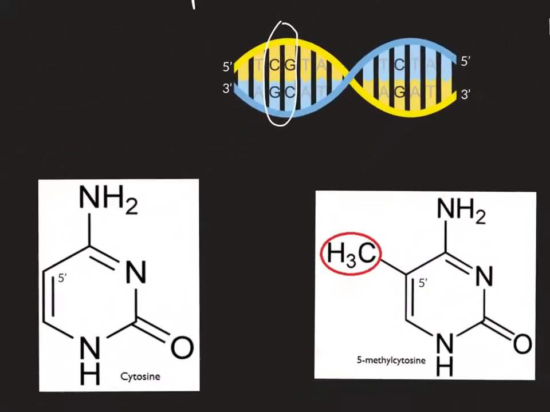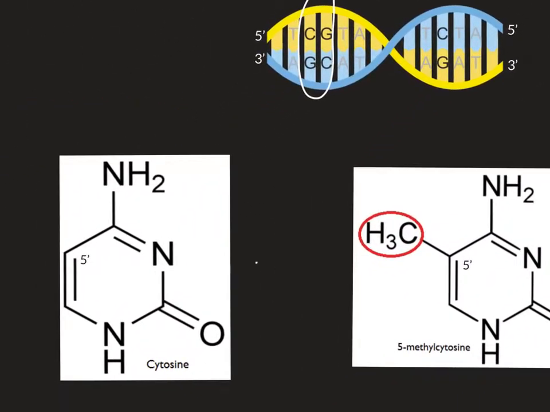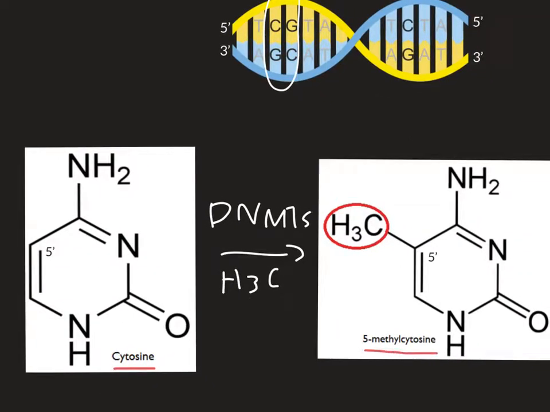Enzymes called DNA methyltransferases, or DNMTs for short, transport methyl groups onto the 5' of a cytosine base. This converts the cytosine to 5-methylcytosine, which changes the structure of the molecule itself but not the base sequence.